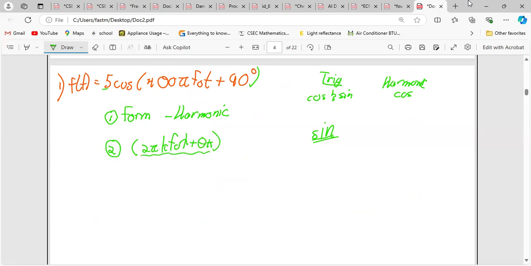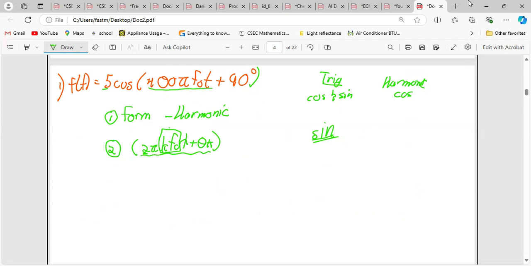So this is the form they need. Right now you must have a 2 pi, but k f naught is the harmonic frequency. k is just the scalar multiple: 1, 2, 3, 4, whatever.